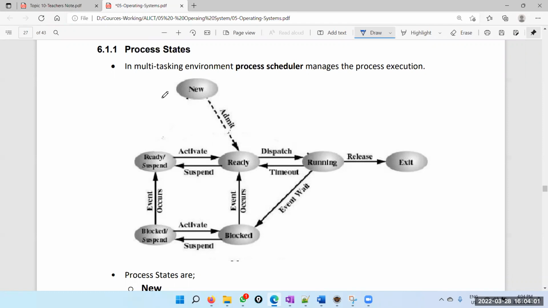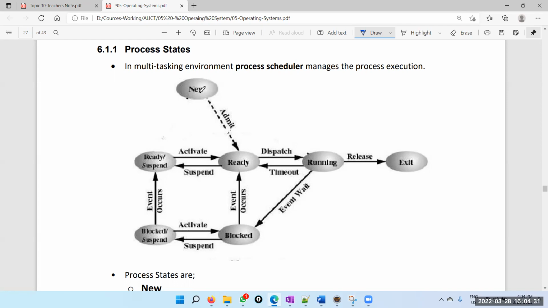Two, another program may start a process, like one program starting another sub program. The third one is the scheduler. The operating system has a scheduler, so if you have scheduled any task, when the time comes the operating system will run it. That is also a new process being started.